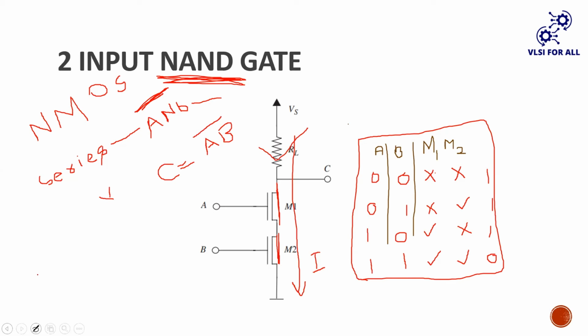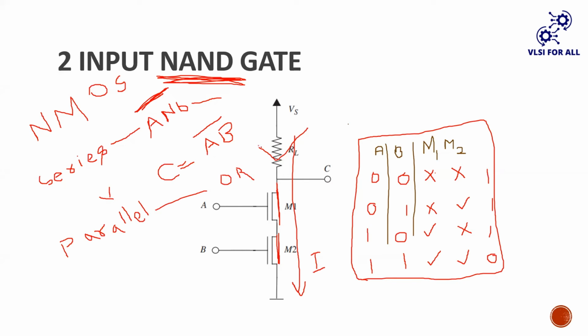If at all they are connected in parallel, for example, later I'll show you the diagram. You can verify after this class. If they are parallel, then guys, just remember, it is OR operation only.